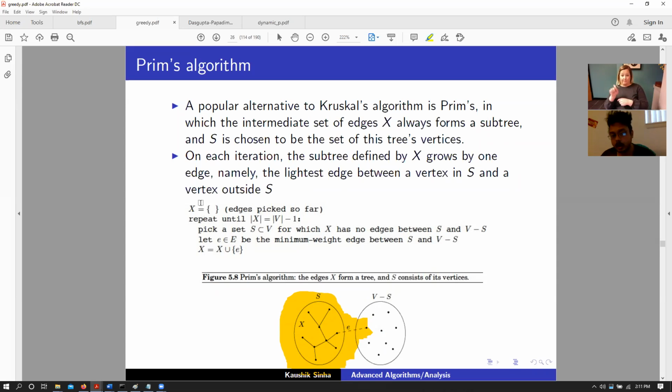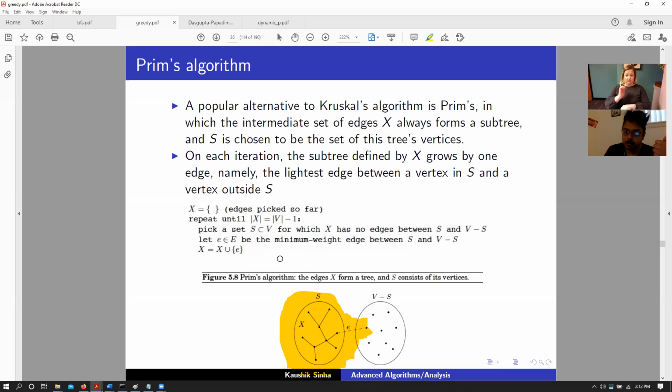So the algorithm or the pseudocode behind Prim's algorithm is essentially, let's say that we do not have any edges so far. So we keep on repeating, and we pick a set S where there are no edges between S and V minus S, and let E be the minimum weight edge between these two sets of vertices, the discovered set of vertices and the undiscovered set of vertices.